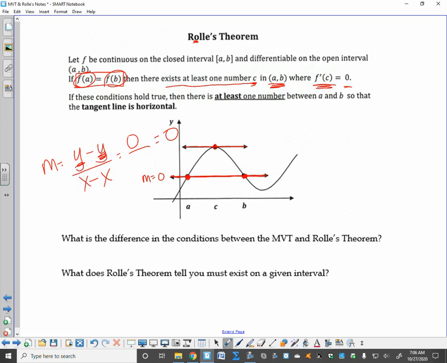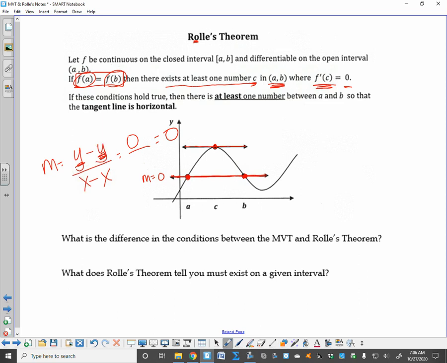If the slope of the tangent line is 0, that means it has to be the top or the bottom of a hump, which means it has to find maxes or mins. So Rolle's theorem, while very picky and stingy, is very powerful because it finds tops and bottoms of humps, because that's where the tangent line's slope equals 0.